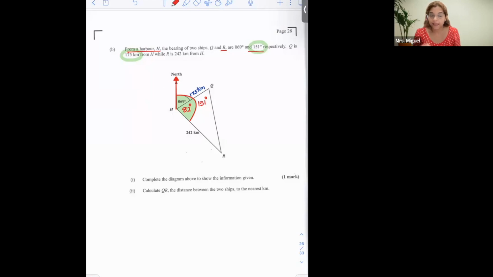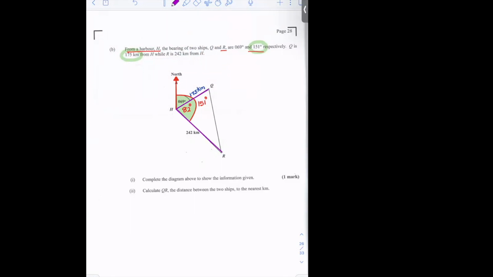So bearings are measured from the north line. And CXC tends to bring these types of questions whereby the students have to subtract the angle given to find the missing one. Is this a right angle triangle? Is this a right triangle?